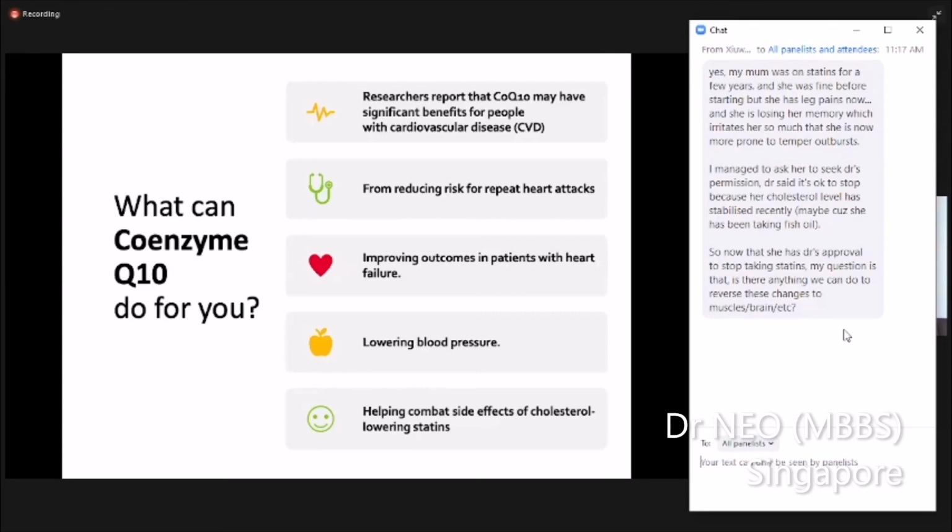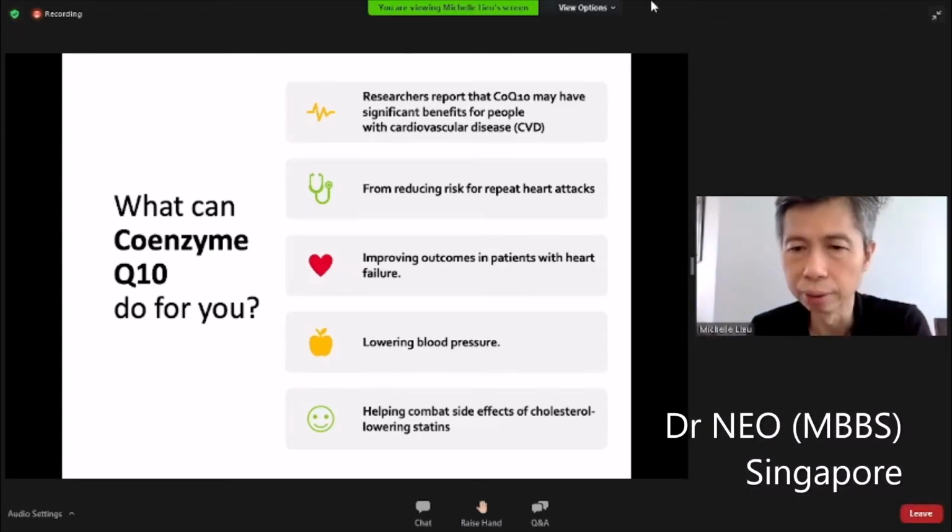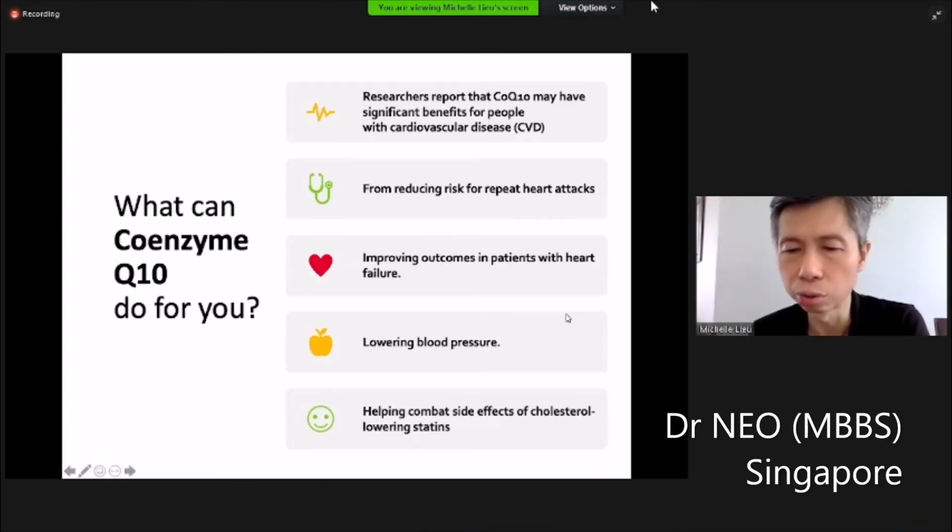So by increasing coenzyme Q10 supplementation, you can potentially help to improve a weak heart or heart failure. Coenzyme Q10 has also been known to help lower blood pressure, and as I mentioned, to help combat the side effects of cholesterol-lowering statins.